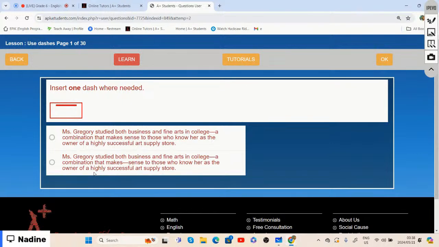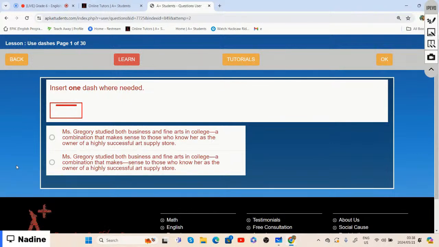Or is it option two that says Miss Gregory studied both business and fine arts in college, a combination that makes sense to those who know her as the owner of a highly successful art supply store?